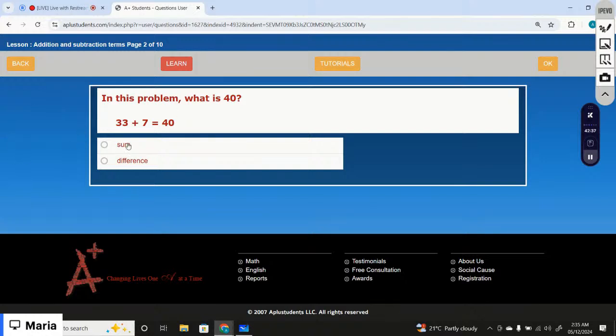Forty is the sum of 33 and 7. When you are adding two numbers, the answer is the sum.